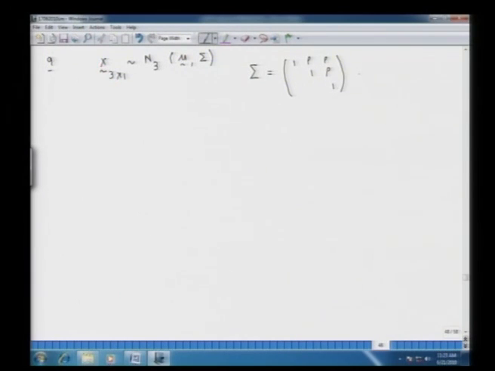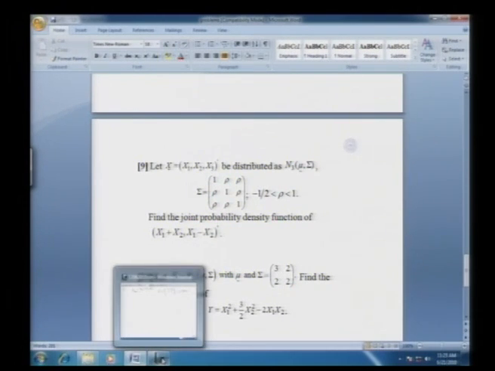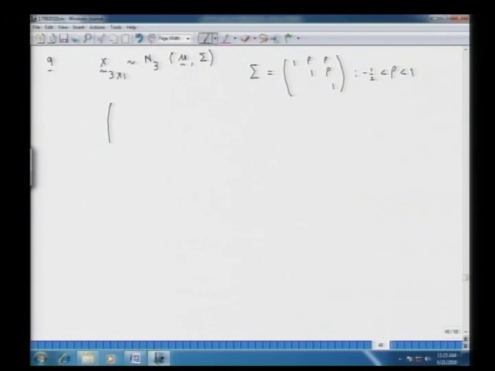This is with the restriction that minus half is less than rho, which is less than 1. This would ensure that this is positive definite. And what we are trying to find out is the joint distribution of x1 plus x2 and x1 minus x2. So let us define this vector y to be x1 plus x2 as the first entry, and x1 minus x2 as the second.